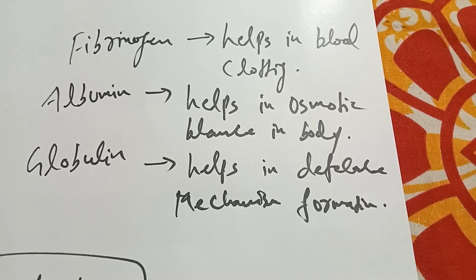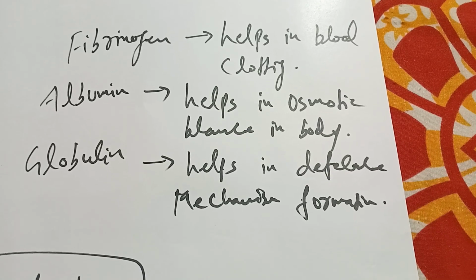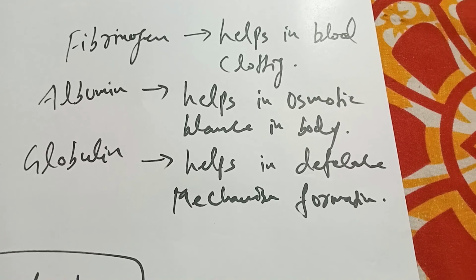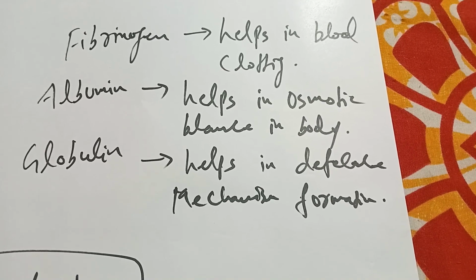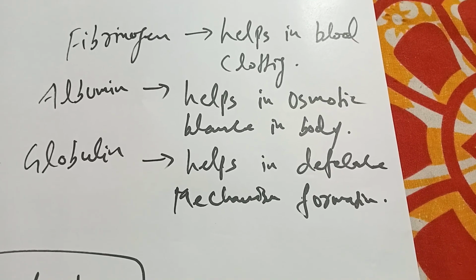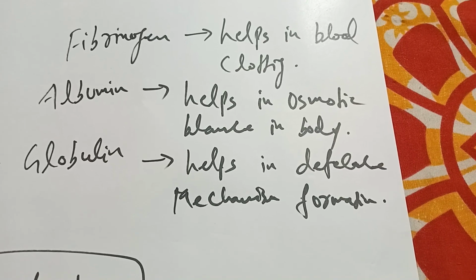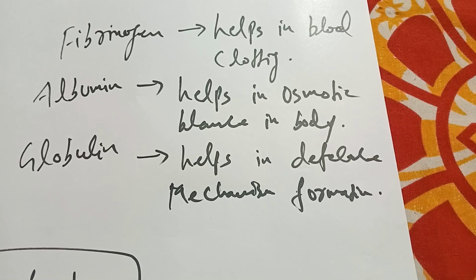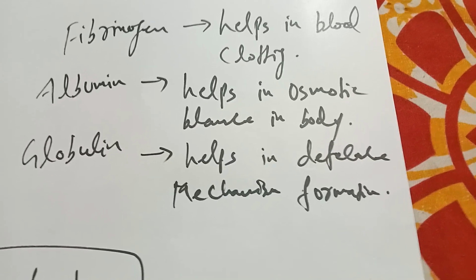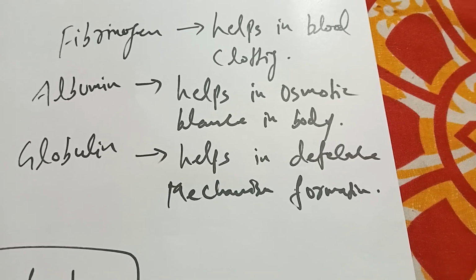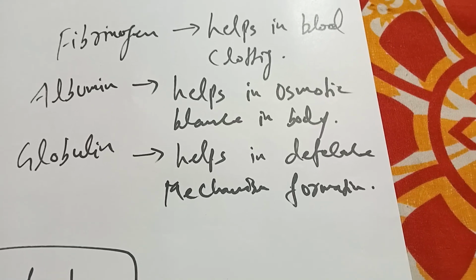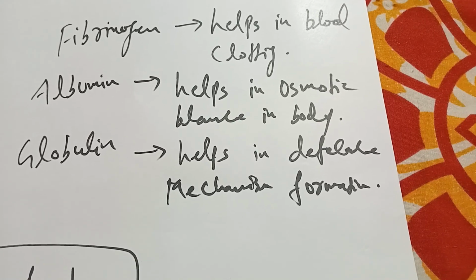Second, albumin helps in osmotic balance in the body. It maintains water and mineral balance by osmosis. And third is globulin, which helps in the defense mechanism and protects our body from pathogens, from disease. Now, which types of nutrients and gases are present in plasma?